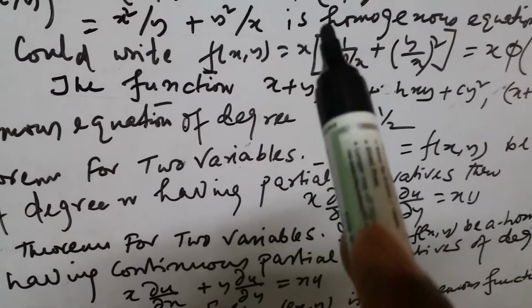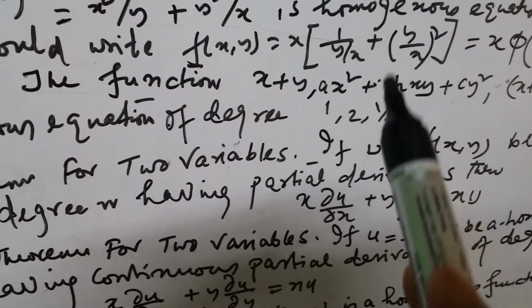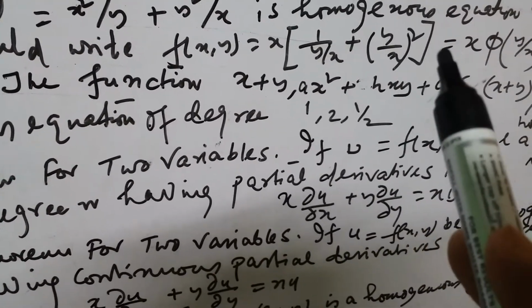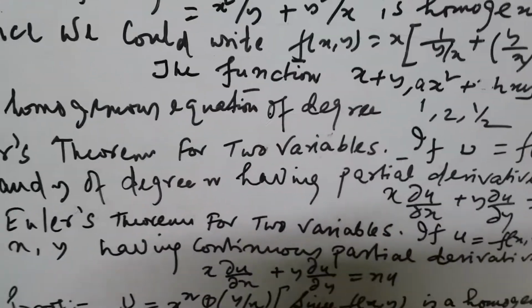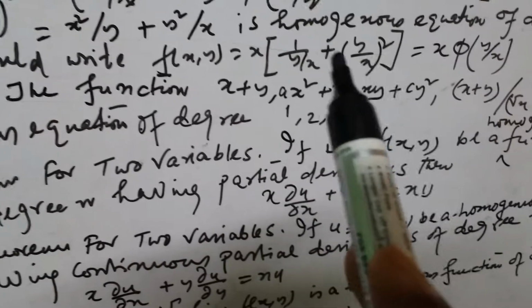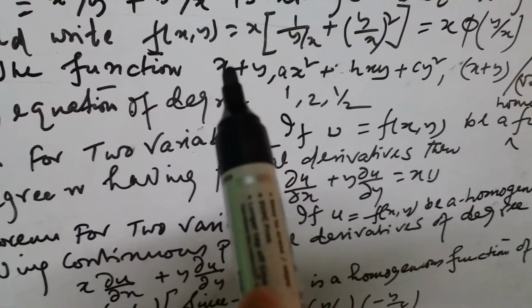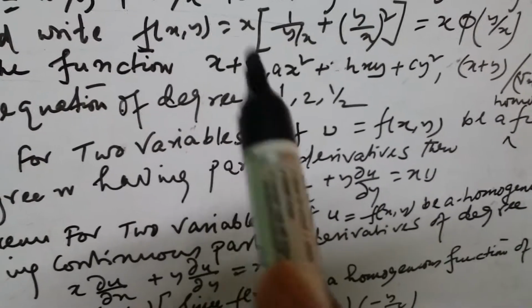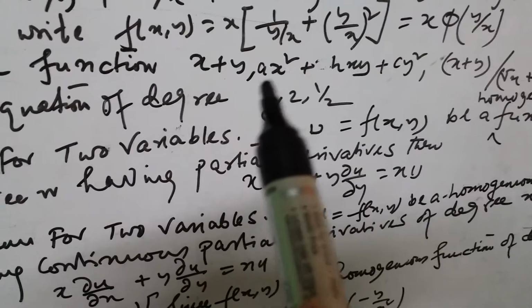Taking x common, you can write x times phi(y by x), so this function is of degree 1. This is also a homogeneous function: x plus y has degree 1, because the degree of x is 1 and of y is 1.